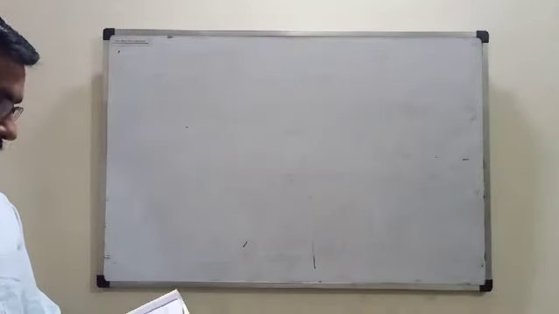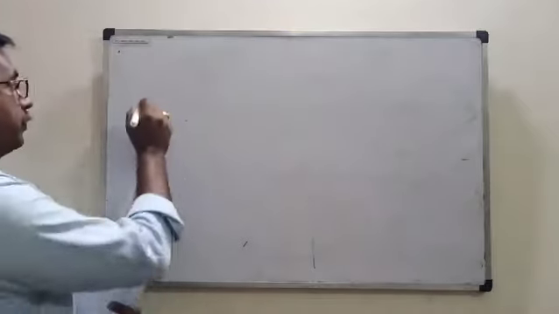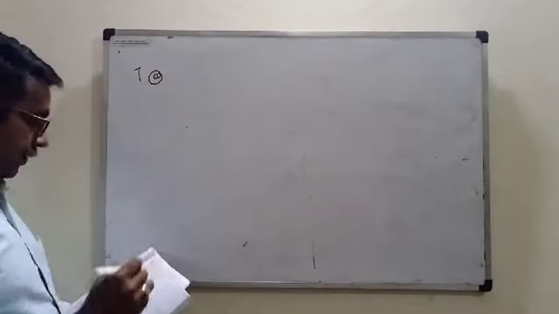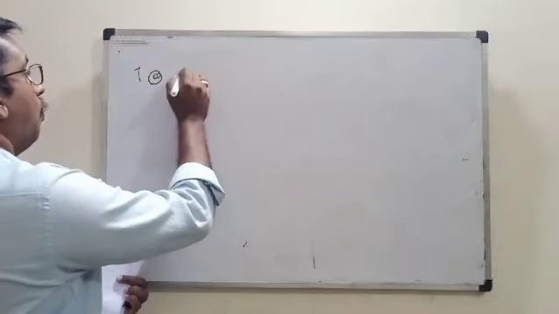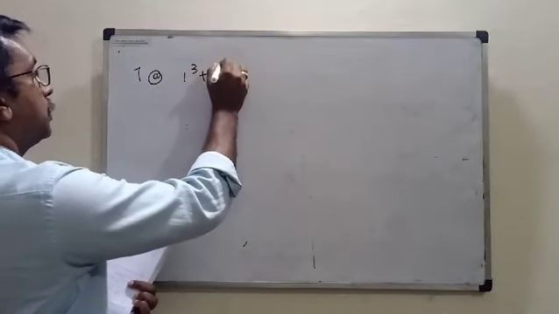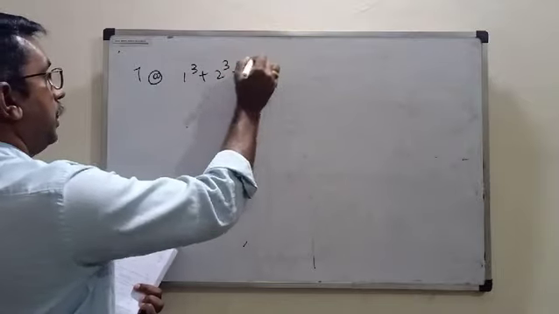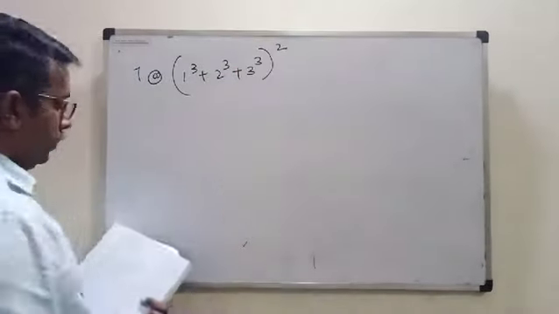Now let's see question number 7a. Simplify the following. You see that one: 1 cube plus 2 cube plus 3 cube whole square.